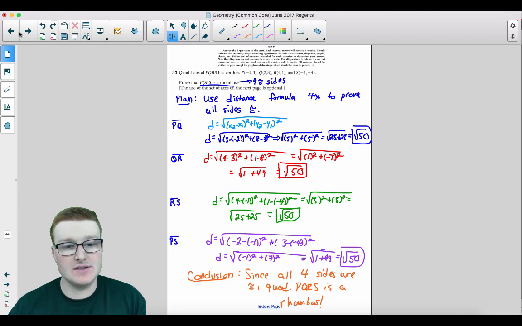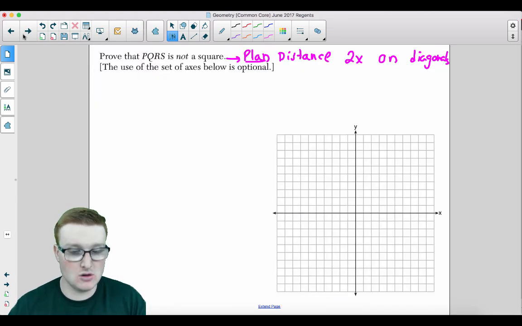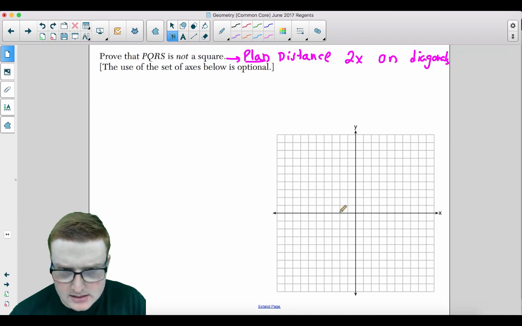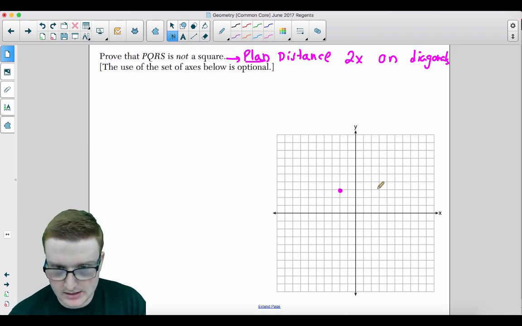So the diagonals in this case, if we were to just draw PQRS, let me just draw it on the grid here, just so you know which diagonals you're talking about. This is -2, 1, 2, 3. Hold on one second, folks. I should have done this earlier, but I didn't. R is 1, 2, 3, 4. 1, 2, 3, 4, 1.